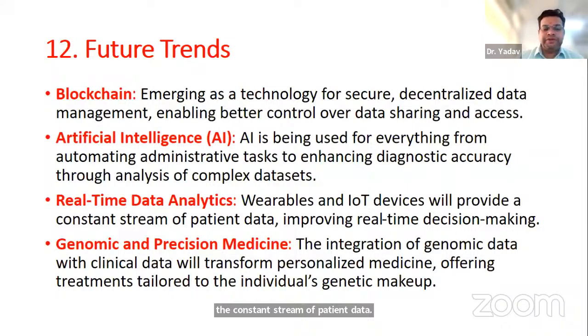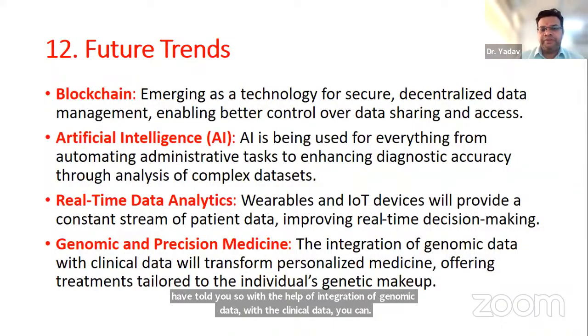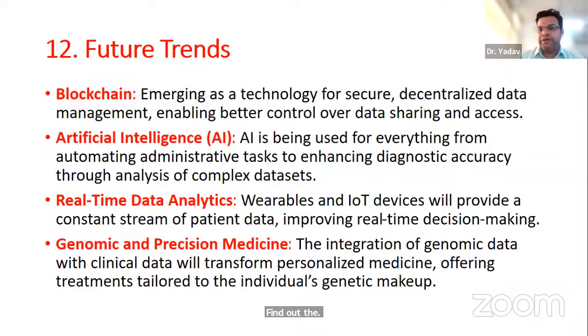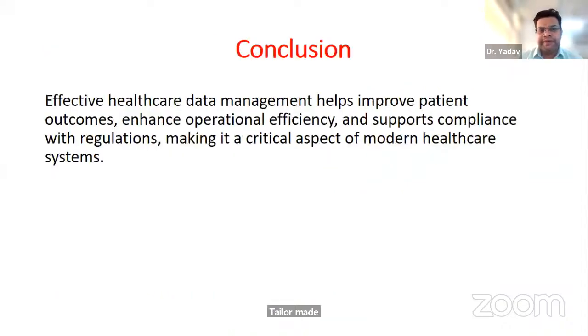Genomic and precision medicine, I have told you, so with the integration of genomic data with the clinical data, you can find out the information about any particular patient's condition. Accordingly, you can create tailor-made precision medicine for a targeted group of patients.